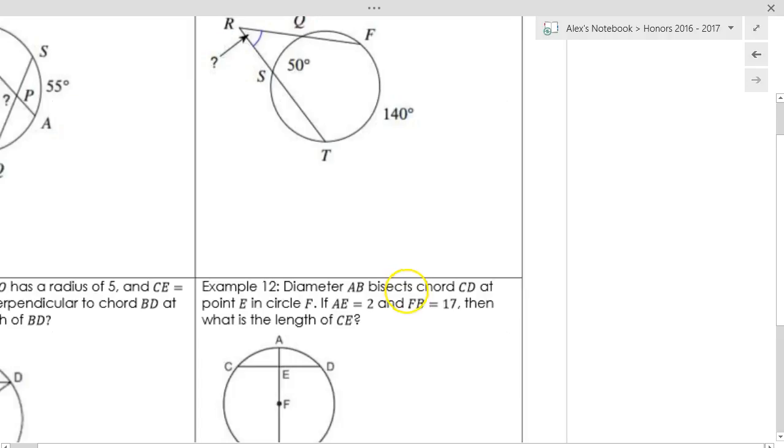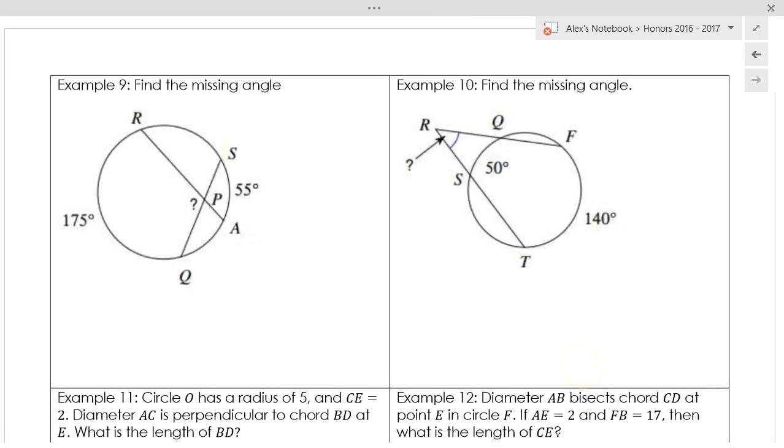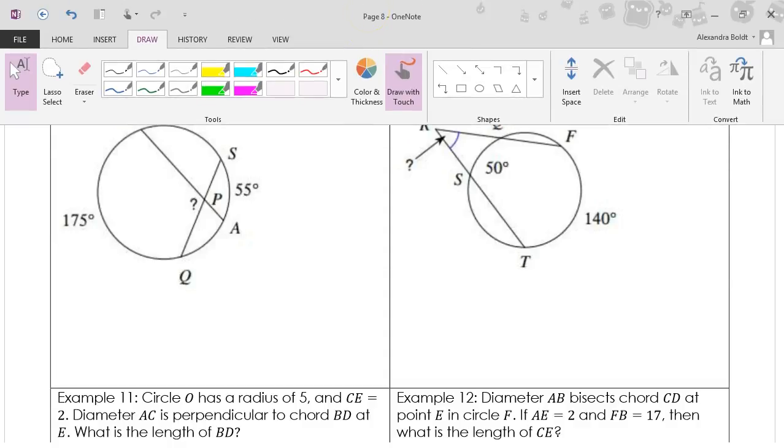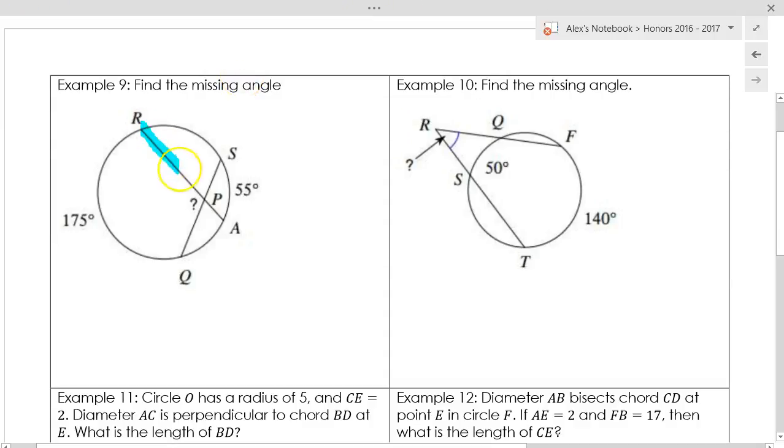All right. So we're going to look at 2 examples with angles, and then we're going to look at our perpendicular bisectors. Looking at example 9, find the missing angle. Here I have 2 chords.